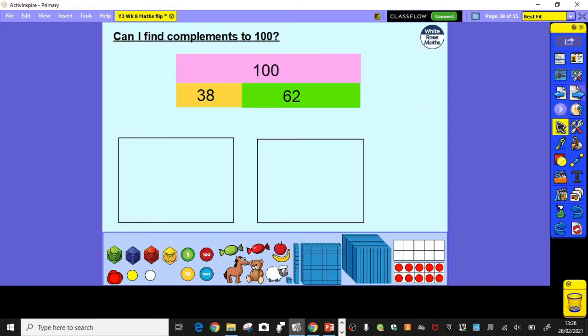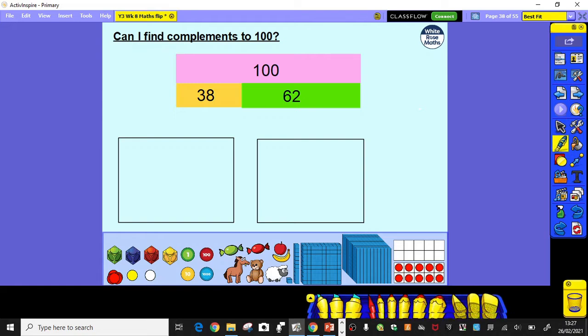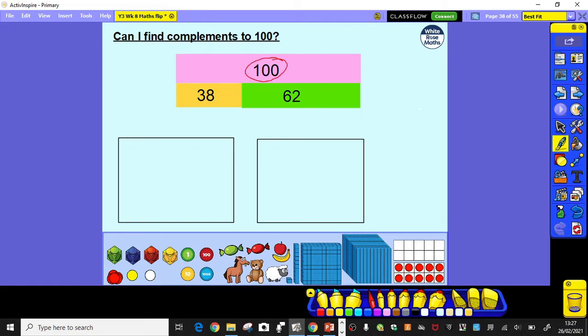Today we're going to carry on looking at complements to 100, and this time I've shown it to you as a bar model. So in my bar model we've got 100, and 100 is the same as 38 and 62.